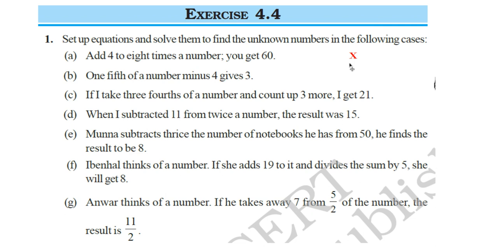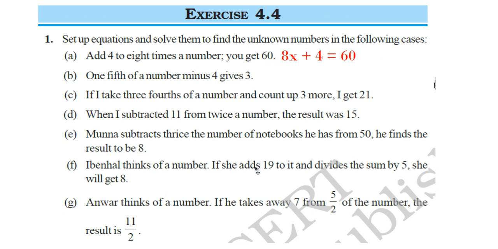Let the variable be x. 8 times a number means it is 8x. Now add 4 to this means 8x plus 4. You get 60, equal to 60. So this is the equation for the sentence: add 4 to 8 times a number, you get 60.